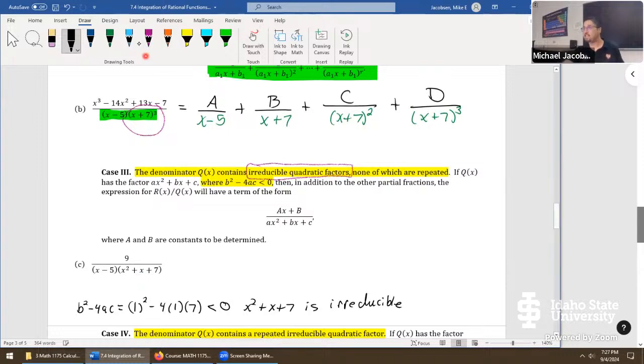So irreducible quadratics are a pretty interesting thing to come up. Whenever that happens, you take this portion here, and that's going to be the term that you attach to the decomposition. The numerator will have a degree 1, so we use 2 coefficients to fill out that numerator. So writing this one out, there are 2 denominators on this one, so we begin by just saying A over x minus 5.